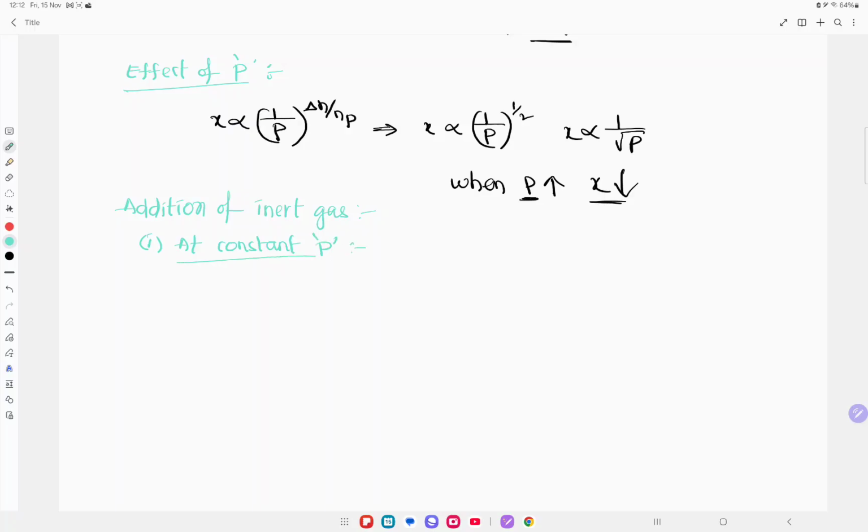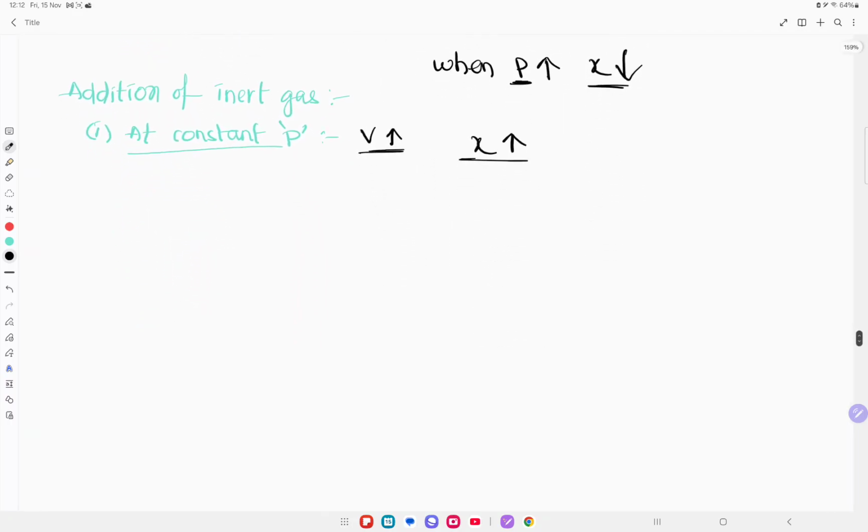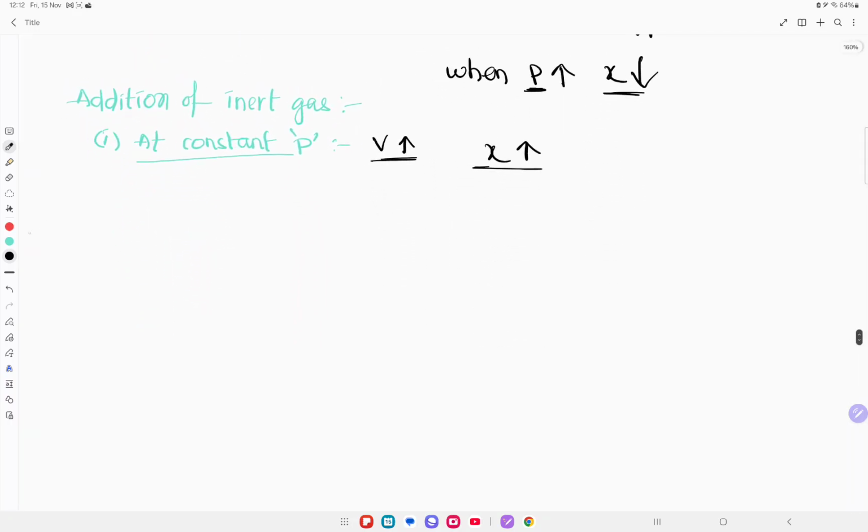Addition of inert gas at constant pressure means volume increases. When volume increases, what is the effect of volume on X? When volume increases, X also increases. That means by the addition of inert gas at constant pressure, the degree of dissociation increases. The number of molecules dissociated will increase.